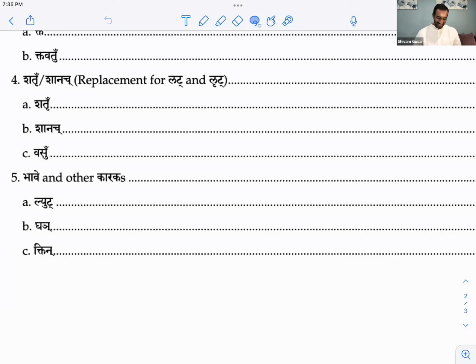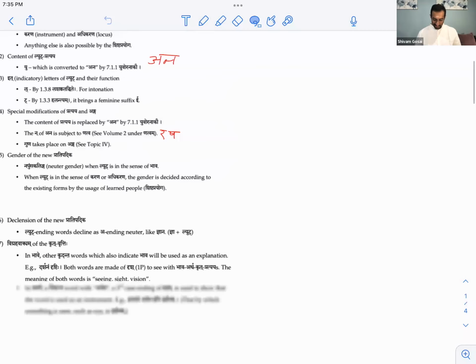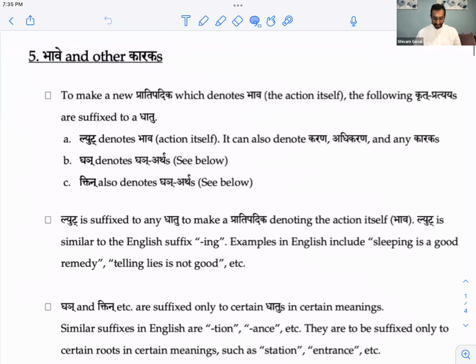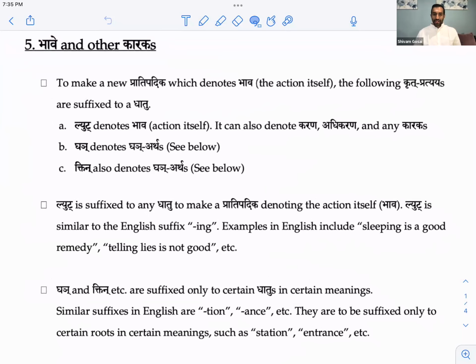And so this is where we can start. So this is our next section. It's the Bhave section, but it's not really only Bhave, it's other Karakas as well. So we're going to call it the Bhave section, but it's kind of a misleading name because we're going to be looking at different Karakas as well.